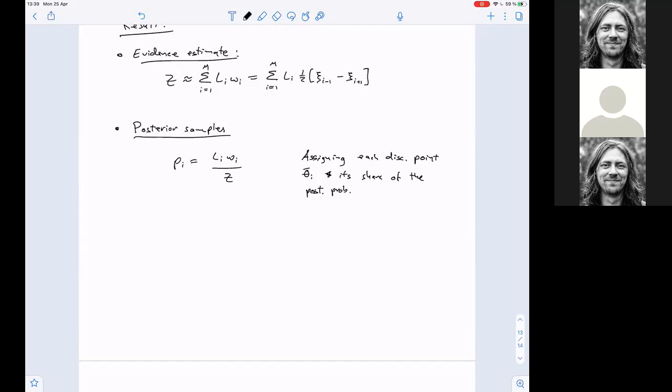You just want to say, here's a list of parameter points, histogram them. So often what happens is that instead of using the weighted samples directly, you get a second list, which is the equally weighted samples, where the weight is just 1.